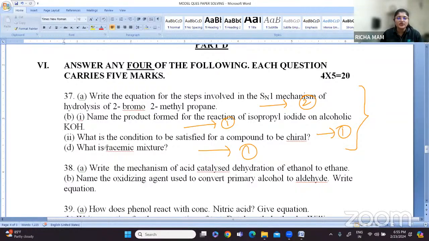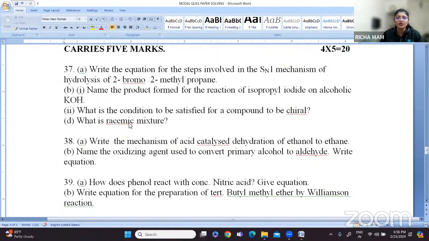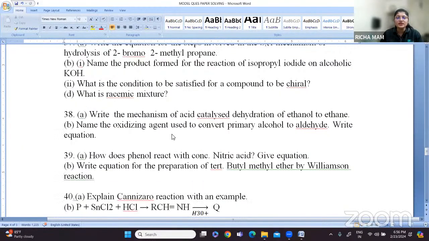Next question. Write the mechanism of acid catalyzed dehydration of ethanol to ethene, and name the oxidizing agent used to convert primary alcohol to aldehyde.